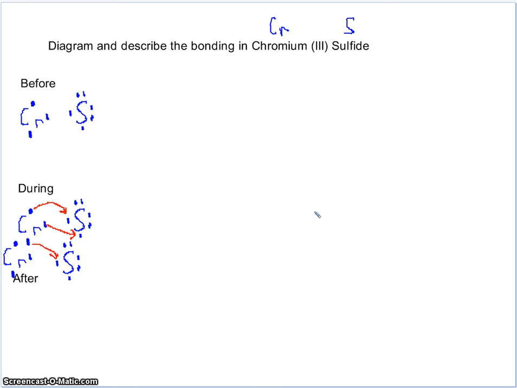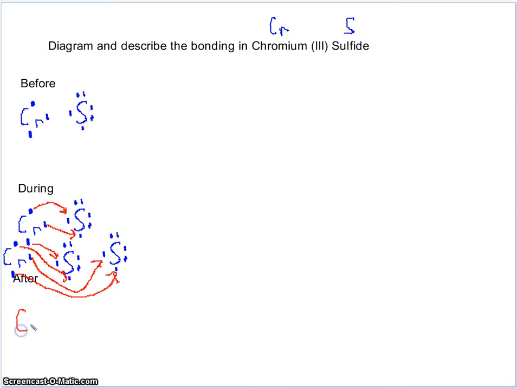Okay, and so this chromium can give an electron to this sulfur, but it's still got 2 left, which means I need one more sulfur, which I'm kind of running out of space here. Okay, so that's what that would look like.